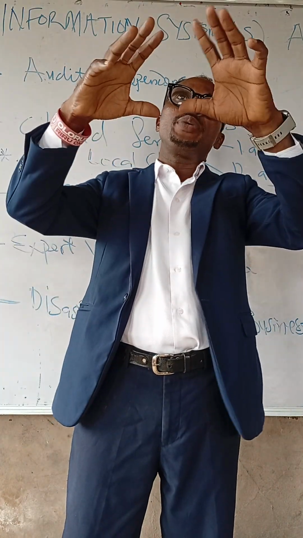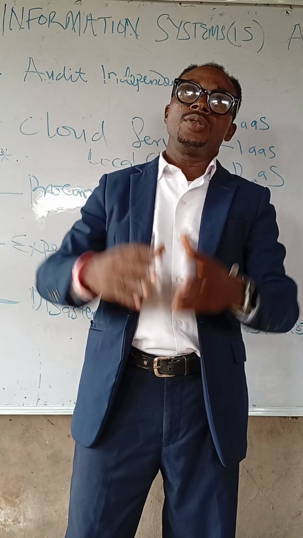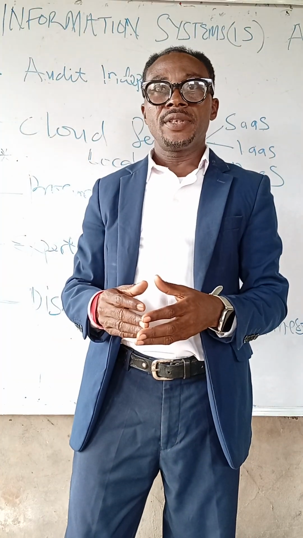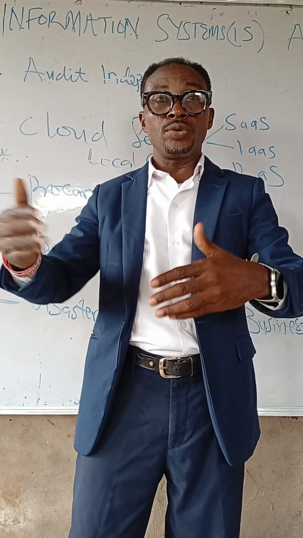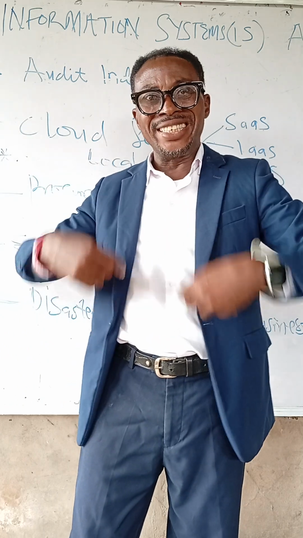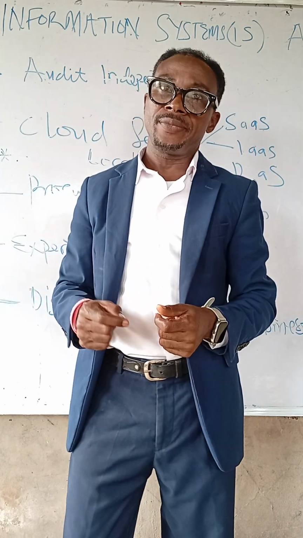Now, in developing a business continuity plan, you must have first done your business impact analysis. That is where you give some people some documents, you ask them to fill out one or two things, you are evaluating the impact of interruption on their business.